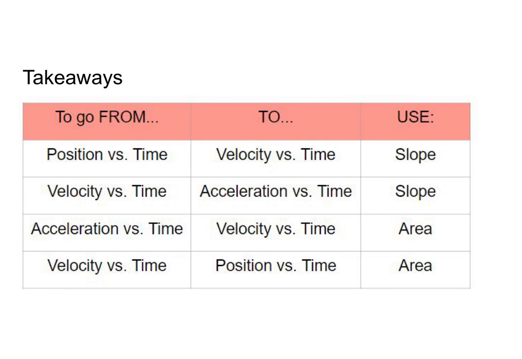To go backwards, from acceleration to velocity, I'm going to use area, and velocity to position, I will also use area. And that is how I can start with a position time graph, create an acceleration versus time graph, and then go back to my original position versus time graph.